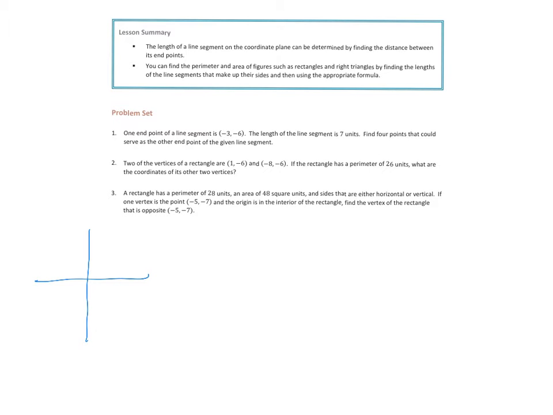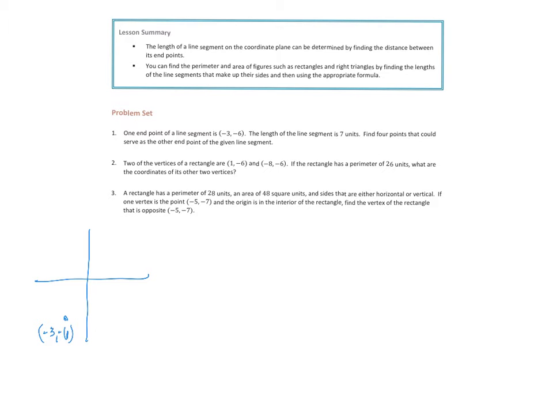It said one end of a line segment is -3, -6, and the length of the line segment is 7 units, right? I've got to find 4 points that could serve as the other end. Oh, so I'm not doing a shape, I'm just doing a line segment.